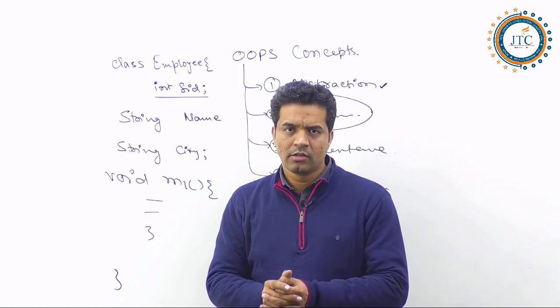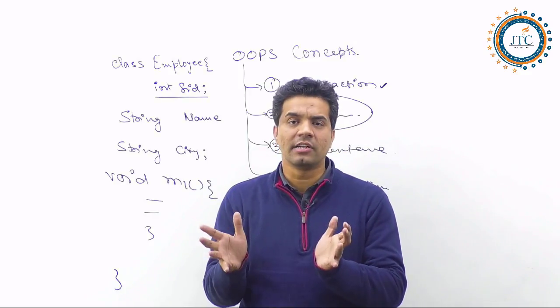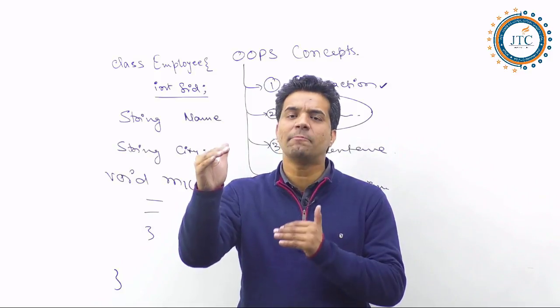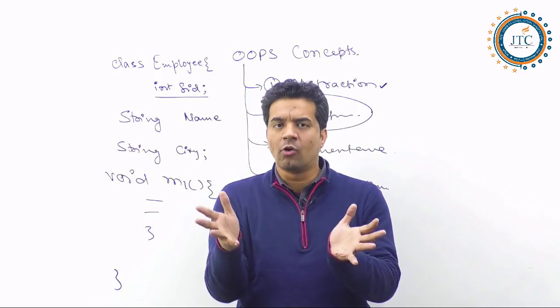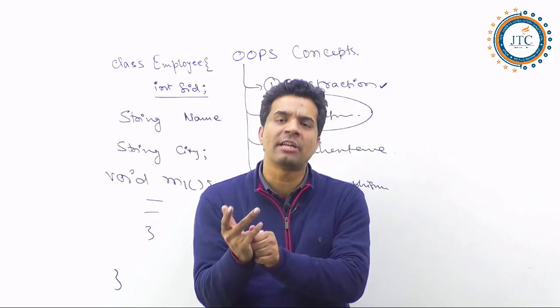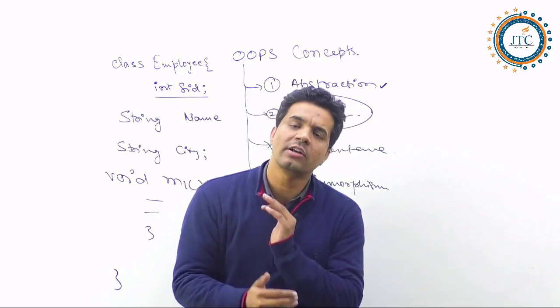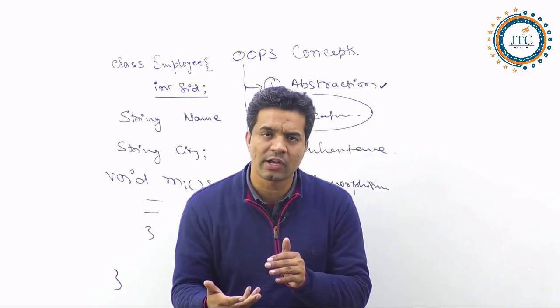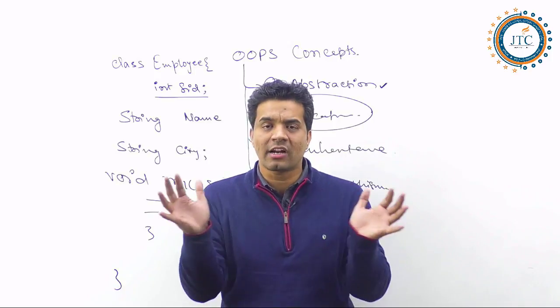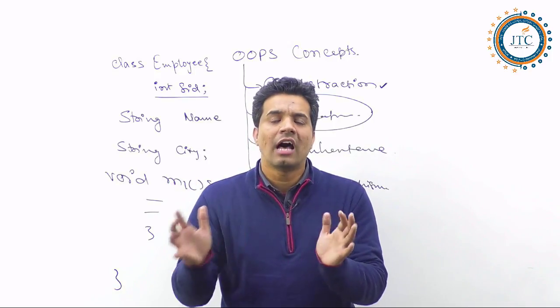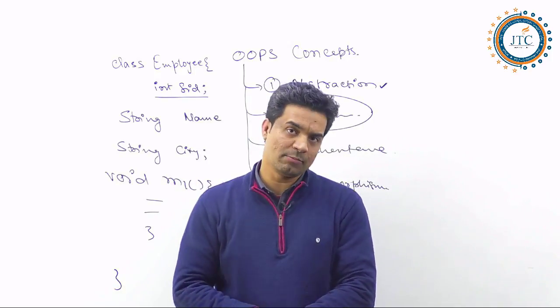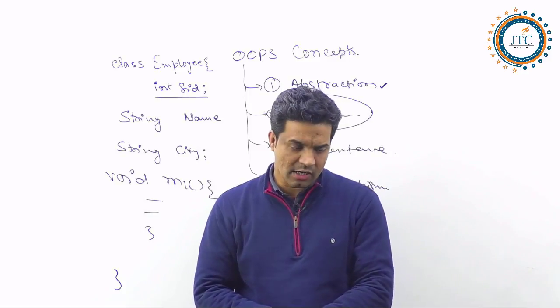Are you getting my point? So that's what we are encapsulating: in a particular bundle, in a particular wrapper, we are wrapping properties and their operations. Operations means different kinds of functions and other such things. All these things that we are clubbing together in a class, that's what we call encapsulation. Fine?